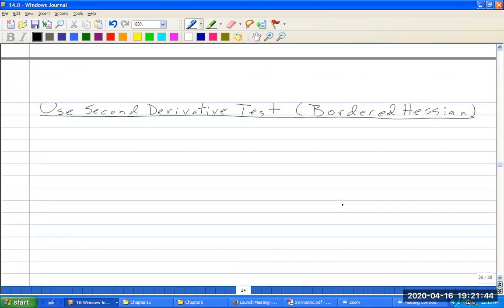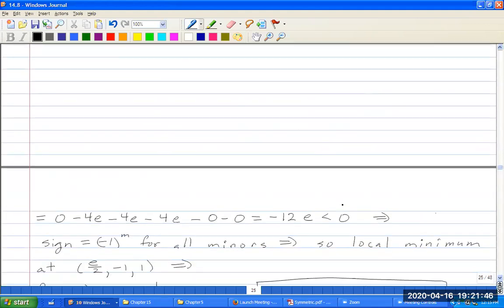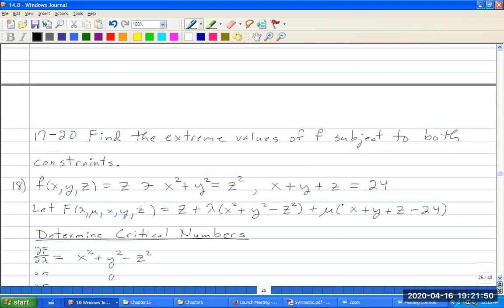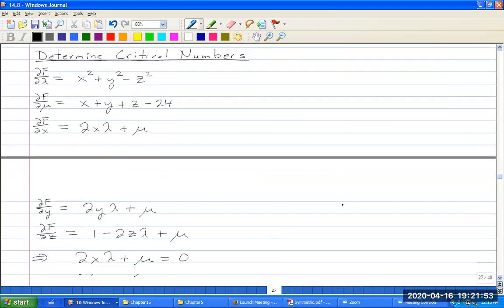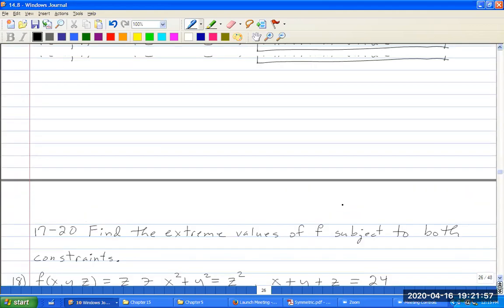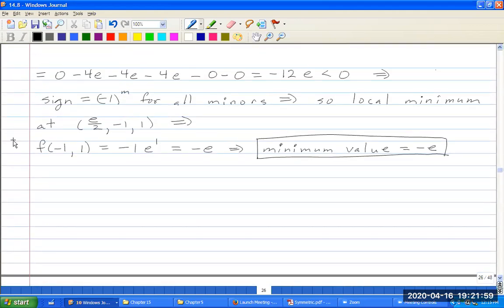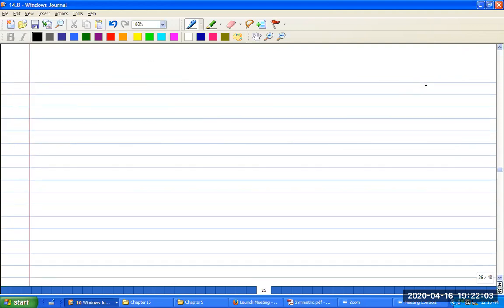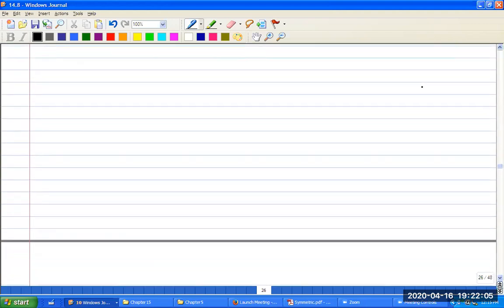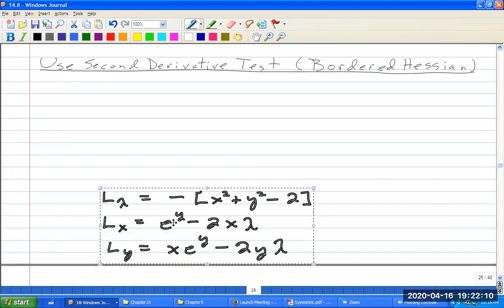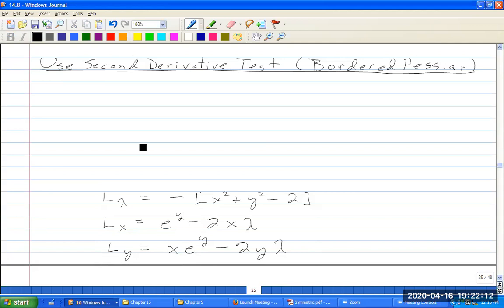Remembering all the signs is going to be difficult, so stop. Okay, stop. Let's go back. Oh, that's going to be a delete. Okay, so let's put those there.